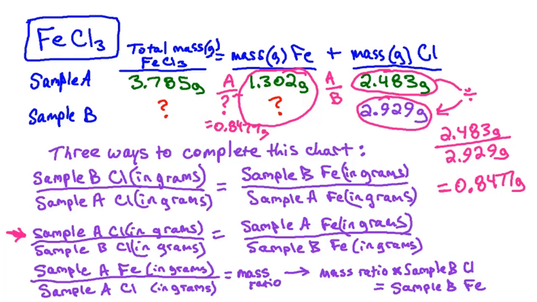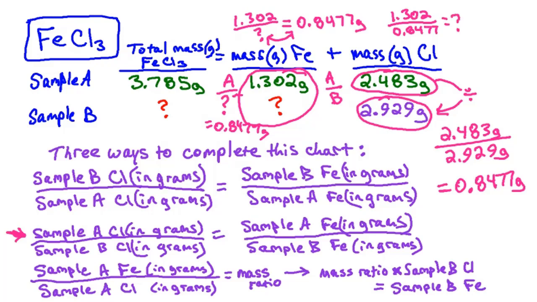0.8477 grams. So if we take 1.302 divided by question mark, the mass of sample B of iron, that is going to give us 0.8477 grams. All we have to do is swap these out, the question mark for the answer, and we can take 1.302 divided by 0.8477 gives us question mark, which is 1.536.